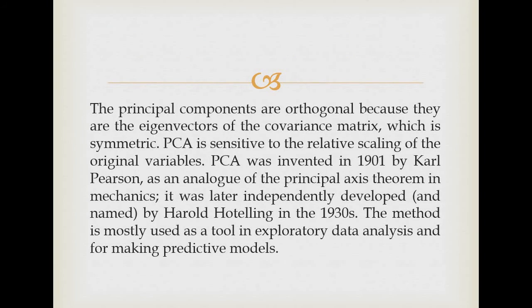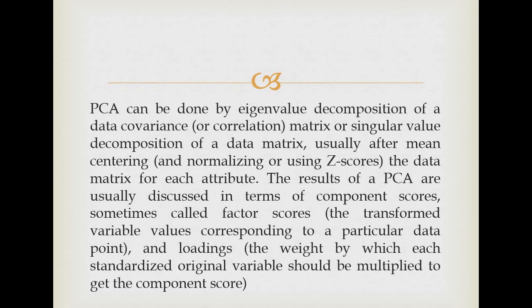Depending on the field of application, it is named the discrete KLT, the Hotelling transform, the POD, and so on. There are certain more names given to it, but PCA was invented in 1901 by Karl Pearson, and later independently developed by Harold Hotelling in the 1930s.